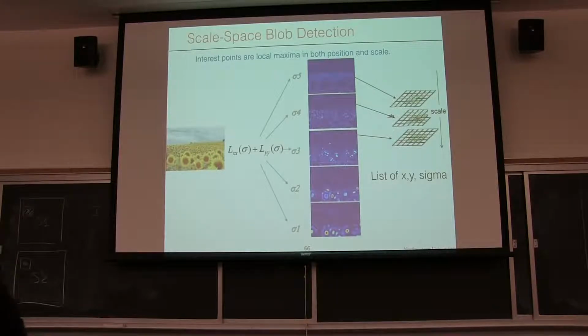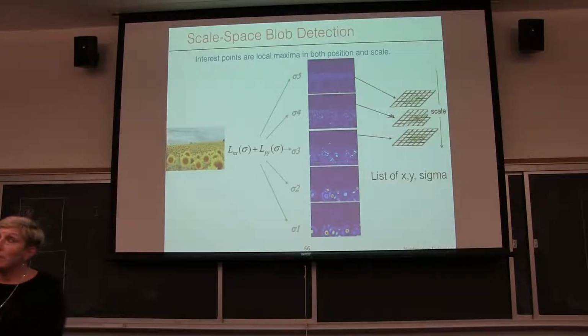That tells me that at that pixel, the region of interest should be at that scale. So I not only find that I have an interesting thing going on there, a corner or a blob, but I also find the size of the blob at the same time. So now when I compare things, I can compare them at the same scale.